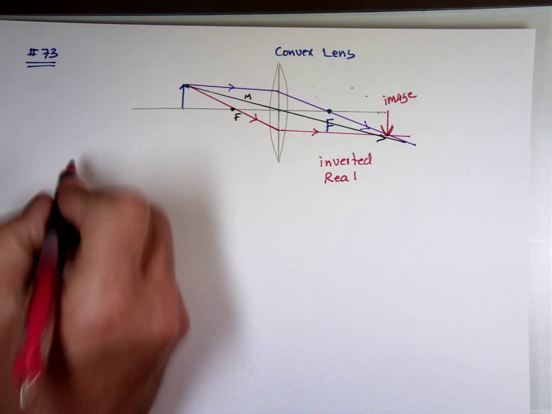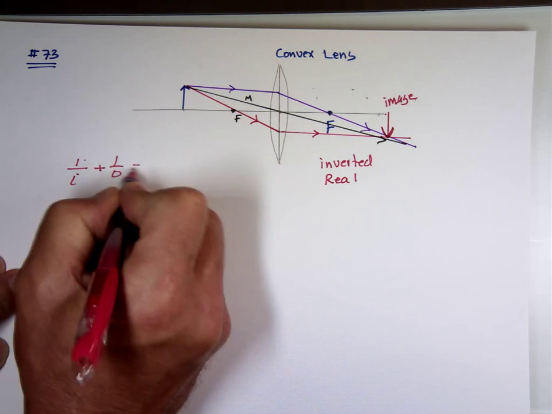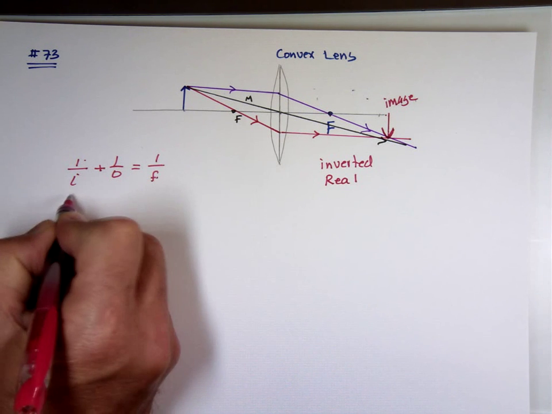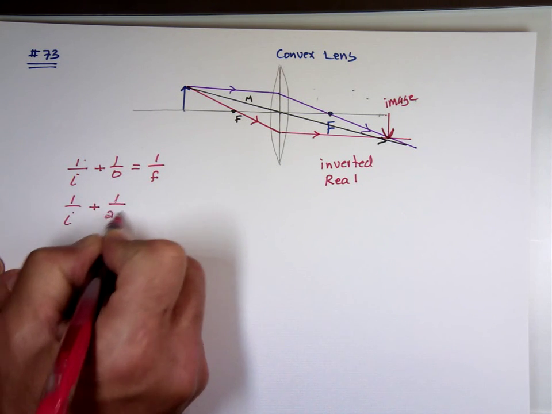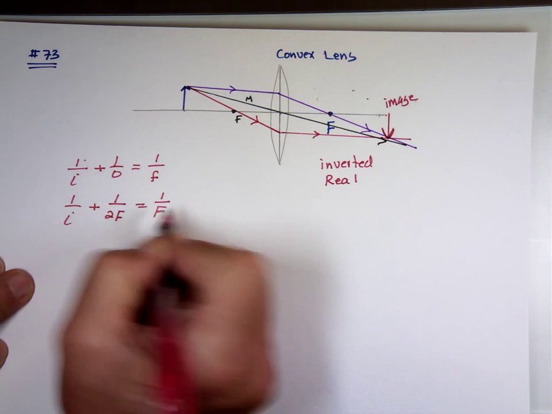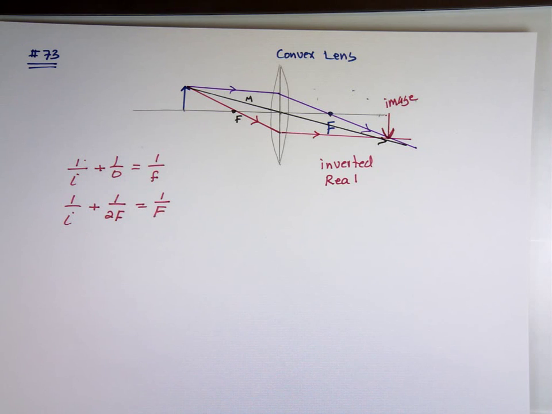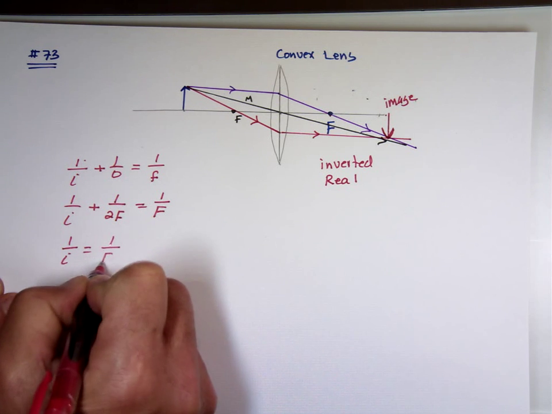1 over I plus 1 over O equals 1 over F. The object is 1 over 2F. The focal point is 1 over F, positive, because that's a convex converging lens. 1 over I equals 1 over F minus 1 over 2F.